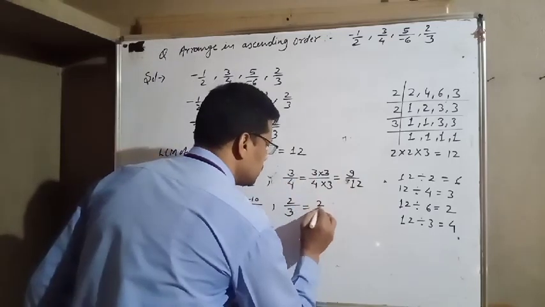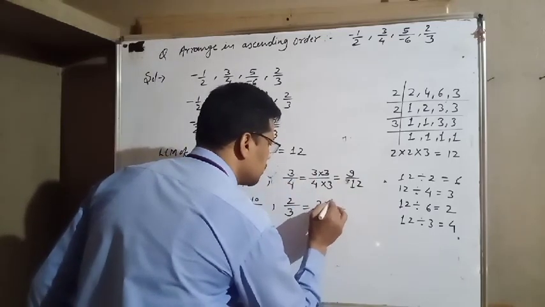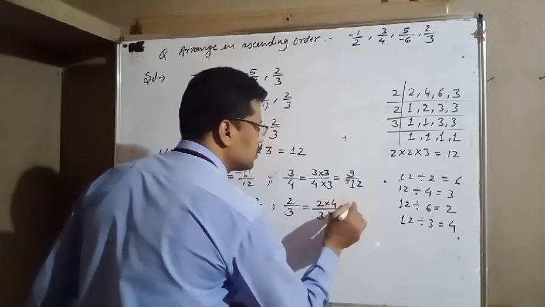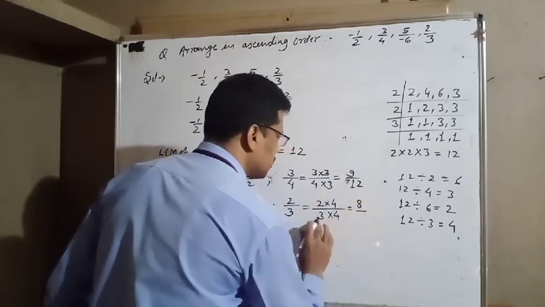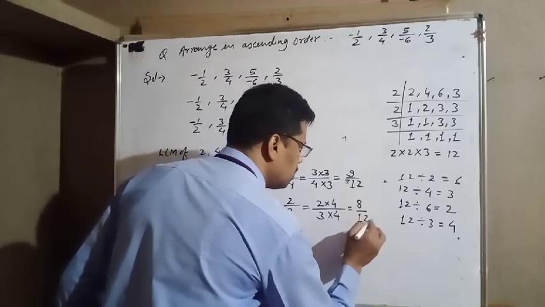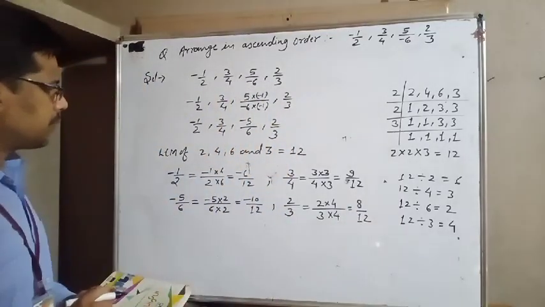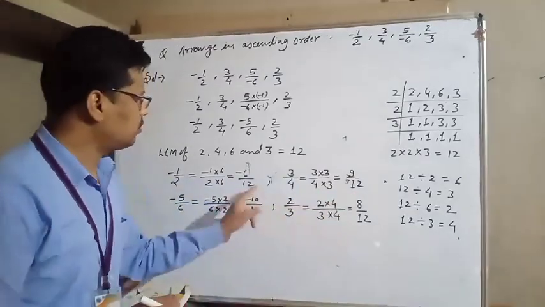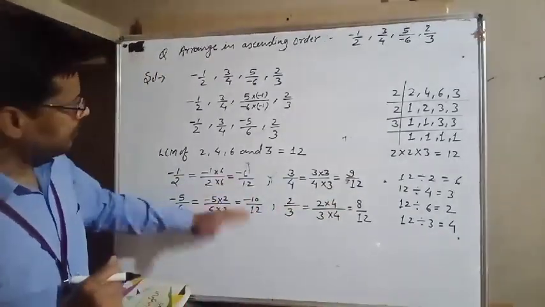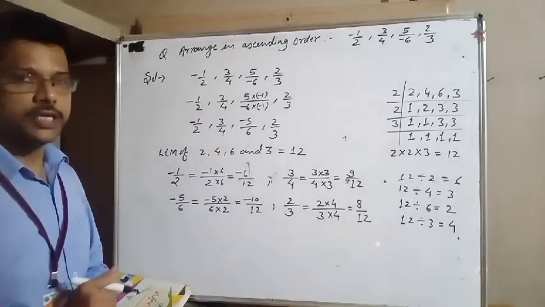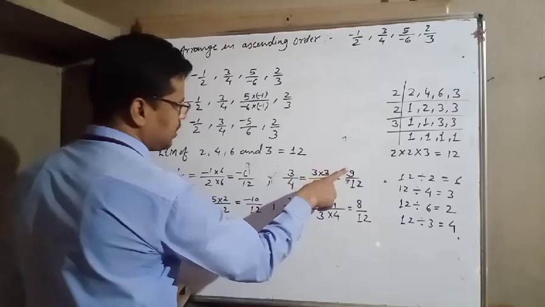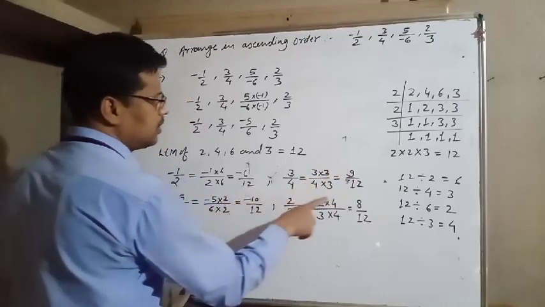So 2 upon 3 multiplied by 4: 2 fours are 8, 3 fours are 12. Now you are able to compare because each rational number has denominator 12. When the denominator changes, the numerator also changes. So the numerators are now minus 6, 9, minus 10, and 8.